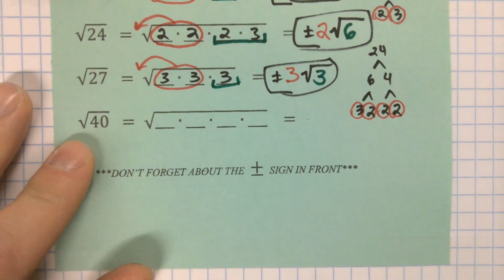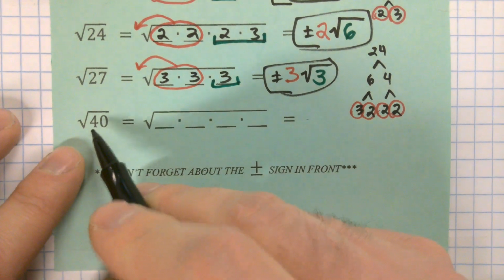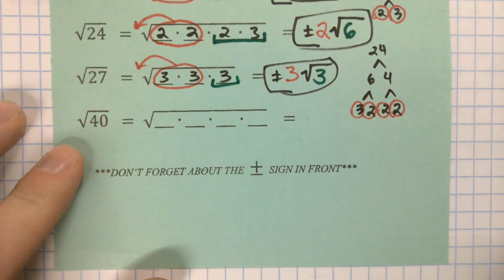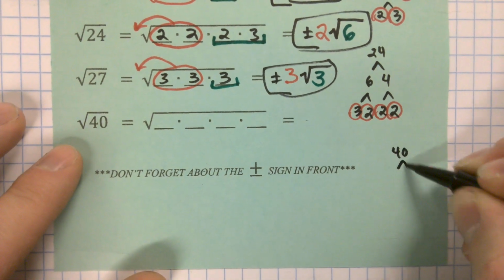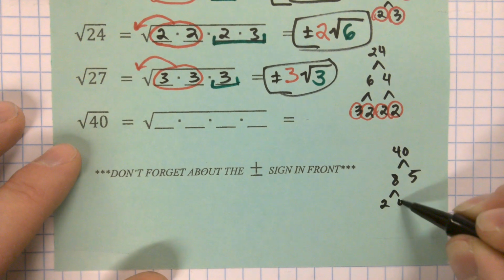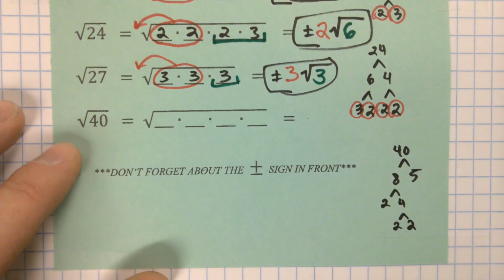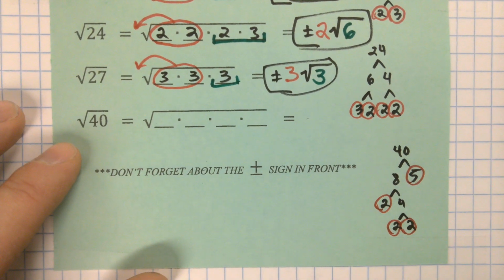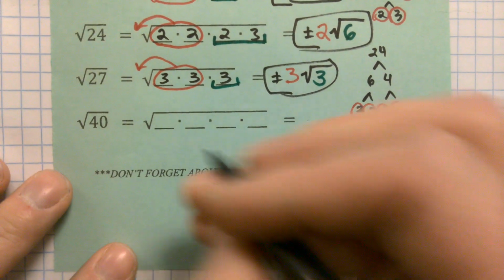Just give me 60 seconds, please. How can we split up 40? Let's break it down. We got 40. 40 is 8 times 5. 8 is 2 times 4. 4 is 2 times 2. I got 2 times 2 times 2 times 5.